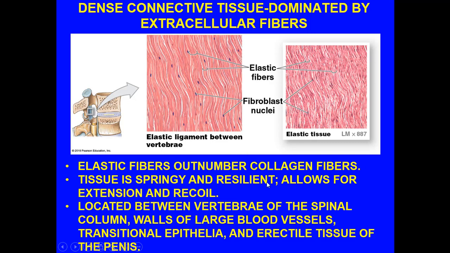The tissue is very springy, resilient, and allows for extension and recoil. This is located between the vertebrae of the spinal column, the walls of large blood vessels, transitional epithelium, and erectile tissue of the penis. So basically, it's material that can stretch outward and yet recoil and not suffer any damage, maintaining shape, structure and function.